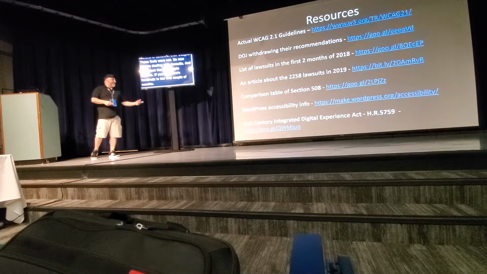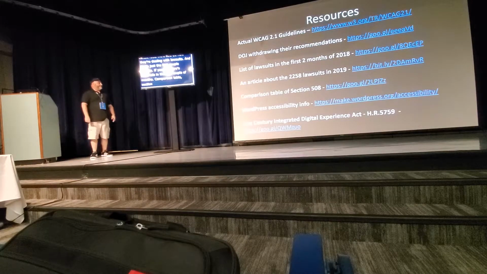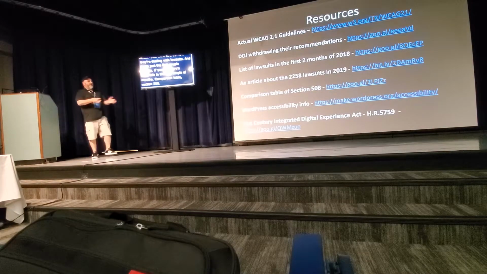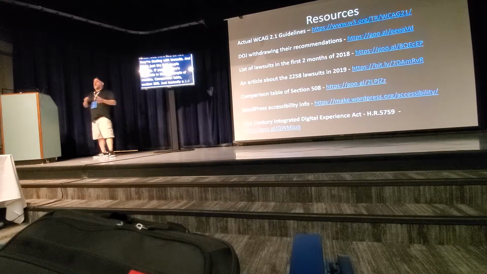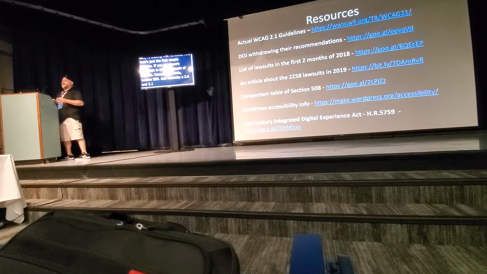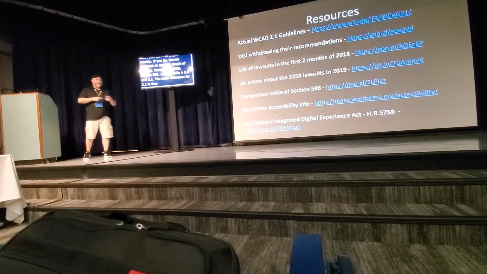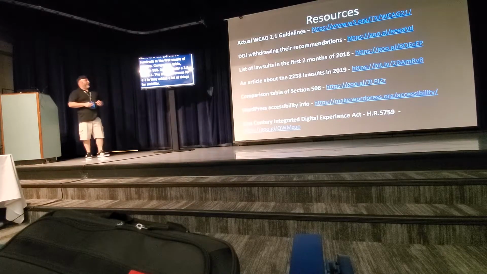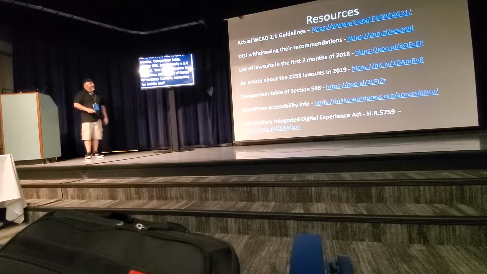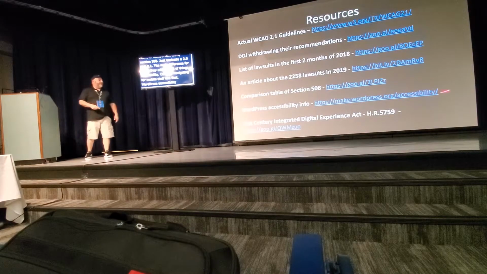Comparison table, Section 508. Just basically 2.0 and 2.1. The main difference for 2.1 is they added a lot of things for mobility, cursors and navigating for mobile stuff like that. Okay, WordPress accessibility info. They actually give you a lot of great information.